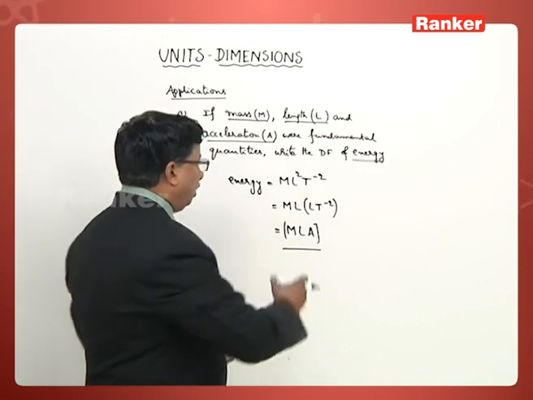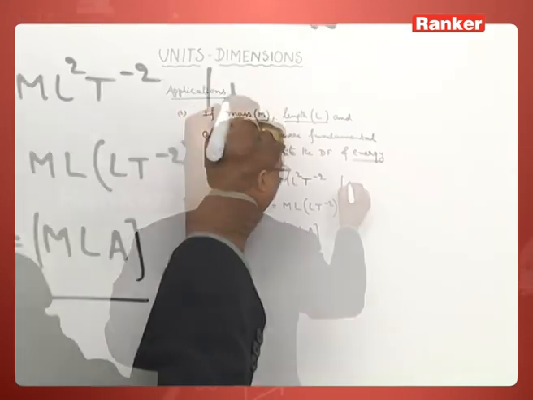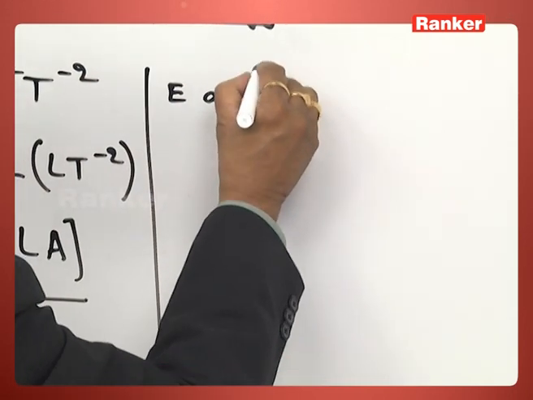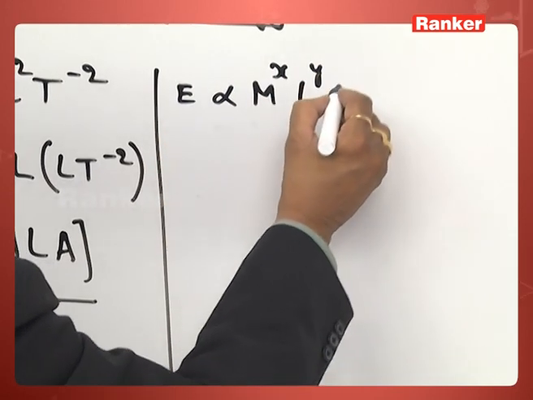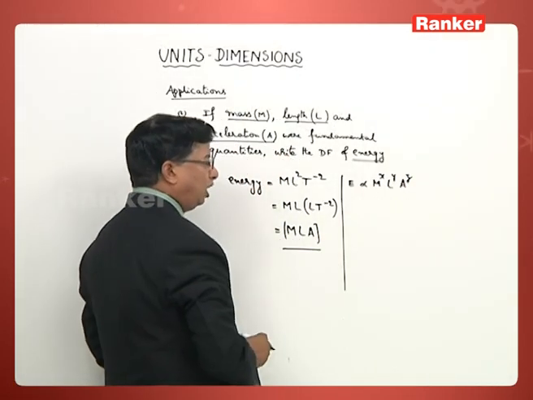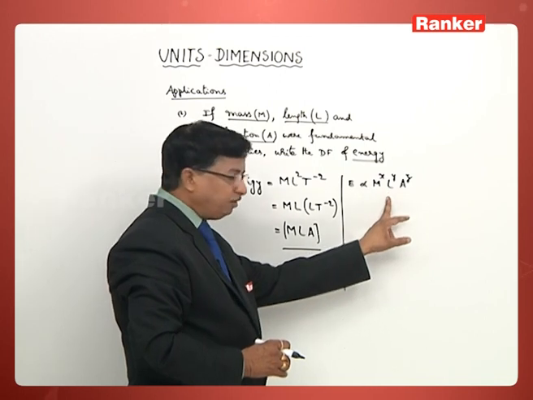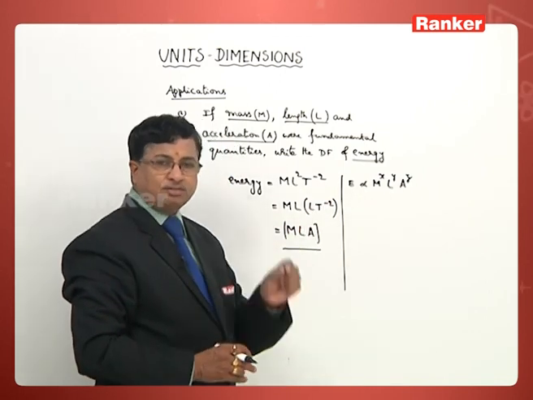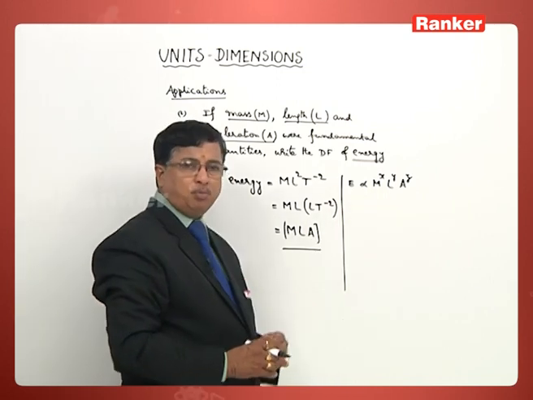So, what we can write in the same manner, you look at now? I can say that energy is proportional to mass to the power x, length to the power y, and acceleration to the power z. I just want energy in terms of mass, length and acceleration. So, I have taken their powers as x, y and z. I have written that equation now.